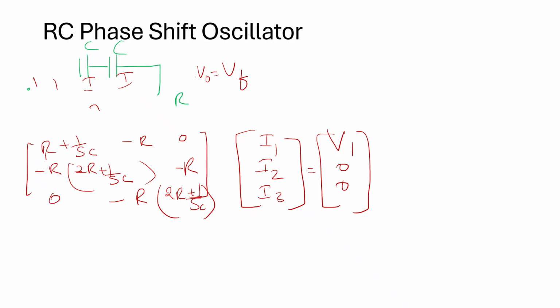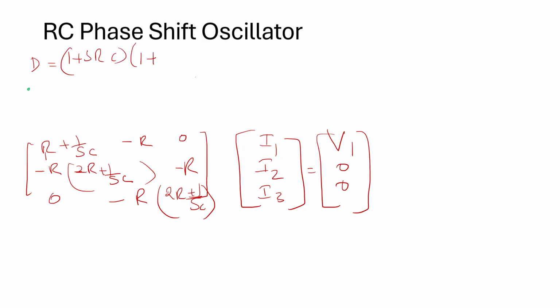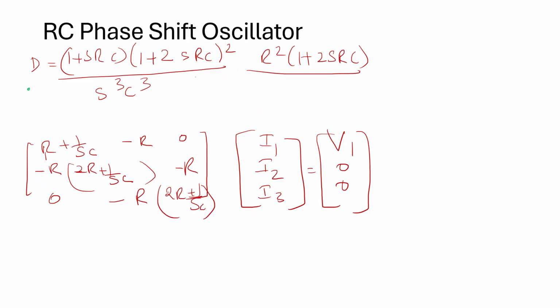So after this, we just need to go in for the complete analysis to find out the frequency. 1 plus SRC into 1 plus 2SRC squared divided by S cube C cube, minus R square into 1 plus 2SRC divided by SC, minus R square into 1 plus SRC divided by SC.